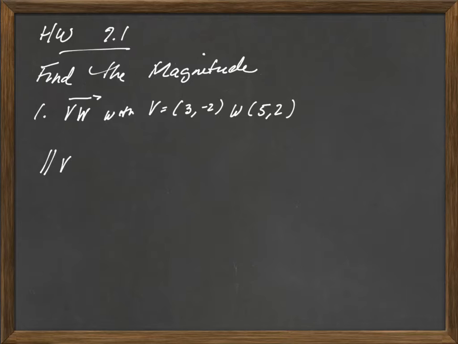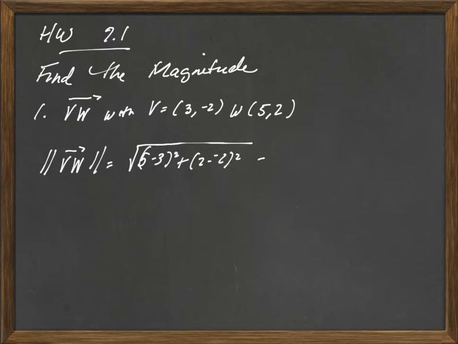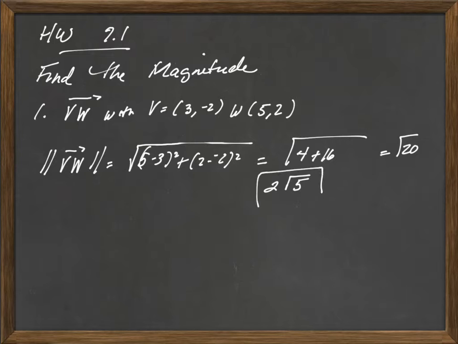So the magnitude of VW is equal to the square root of (5 minus 3) squared plus (2 minus -2) squared, which is equal to the square root of 4 plus 16, which is equal to the square root of 20, which is equal to 2 square root of 5. So 2 square root of 5 would be your right answer.